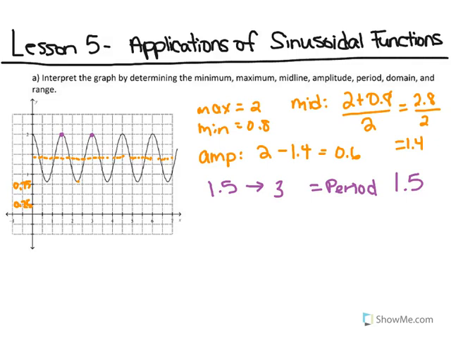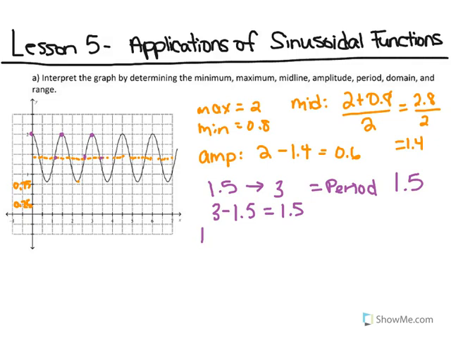So 3 minus 1.5 is equal to 1.5. You could have also gone from this maximum. You can go from any maximum point you want. You could also go from this point to this point. It doesn't matter, but if you go from a max to a max or a min to a min, that will also get you your period length.